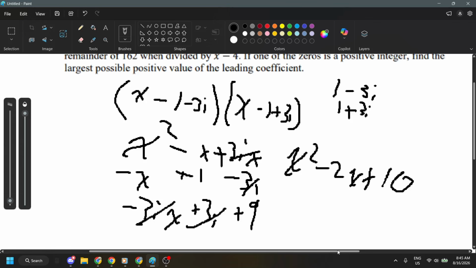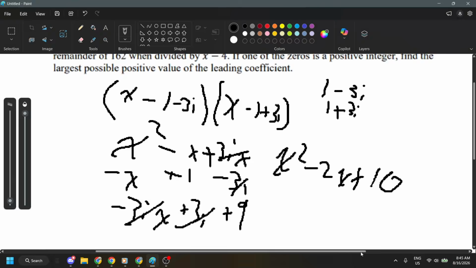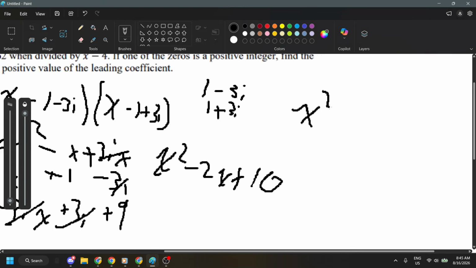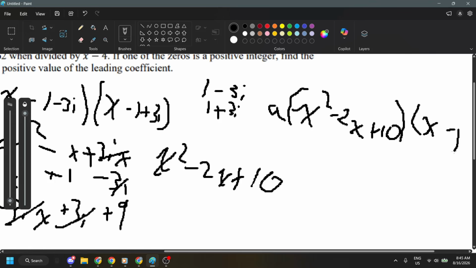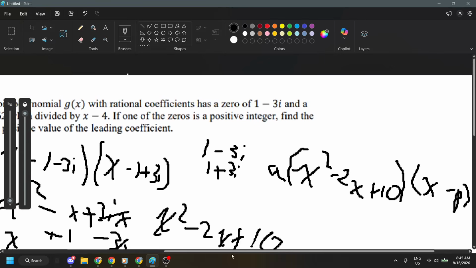So our entire thing is going to be x squared minus 2x plus 10 times a times x minus p.